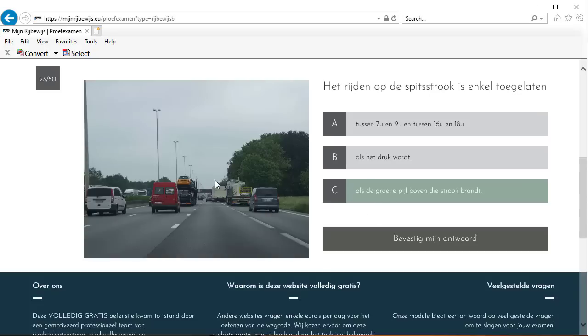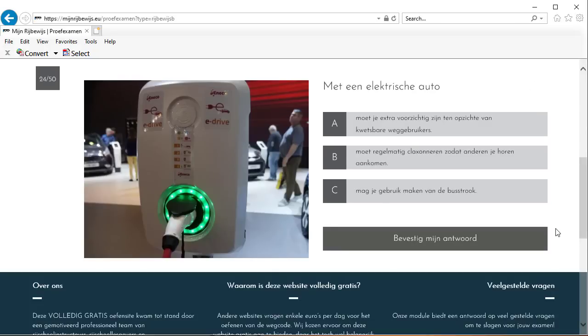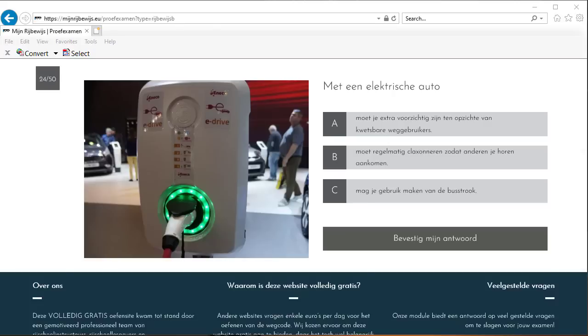With an electric car, option A is you must be extra careful for the vulnerable road users.